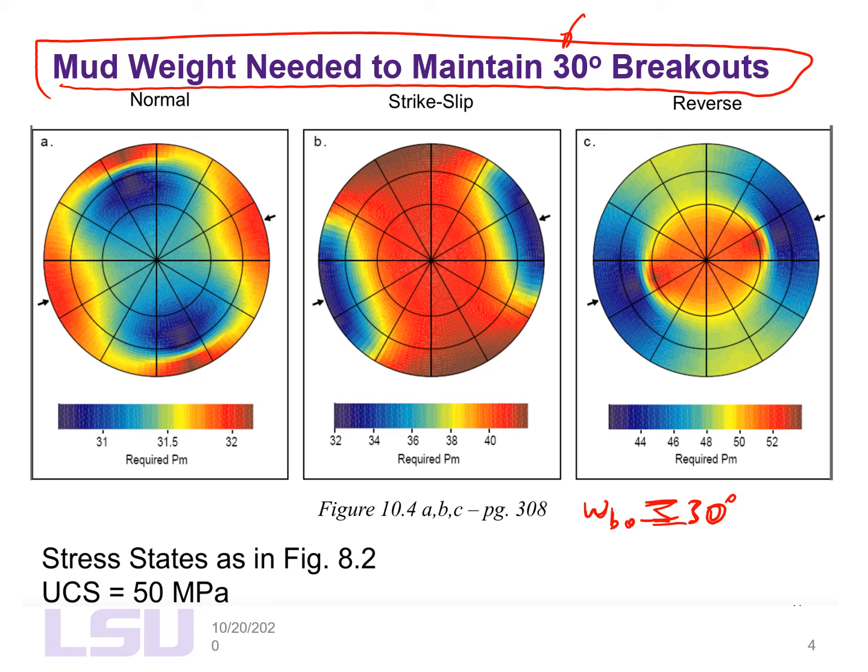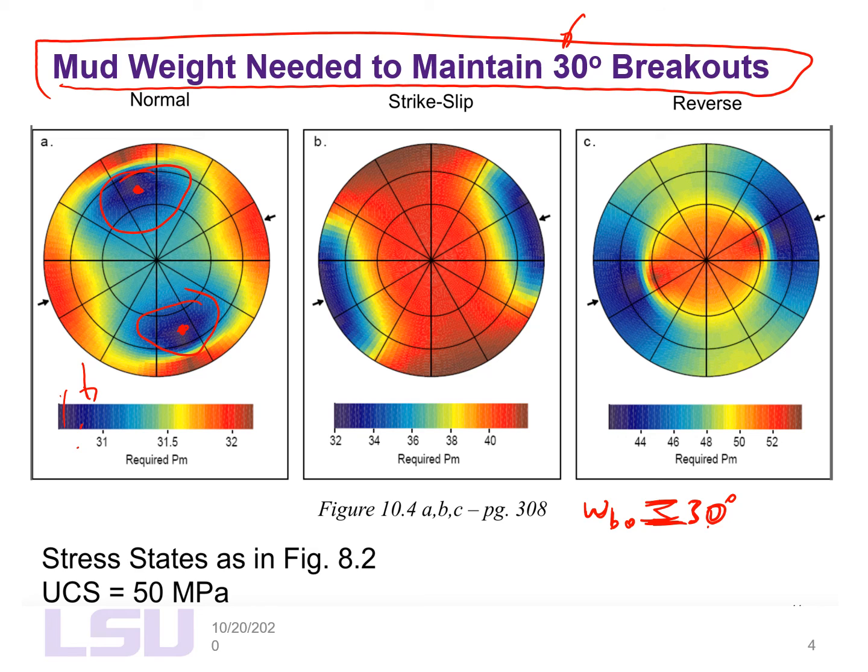So now this is the mud weight you will need to be able to get the breakout width at 30 or less, right? So you will need to drill the regions in blue with a pressure of about 31 in this direction to prevent initiation of wellbore breakout. And that's a very important point.